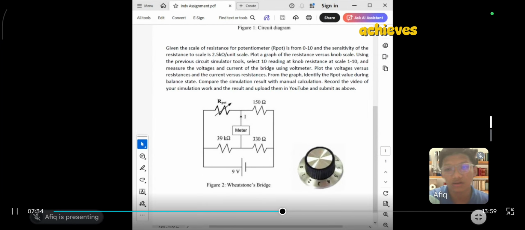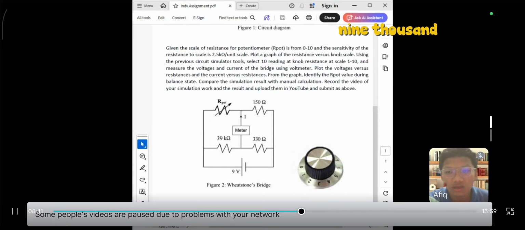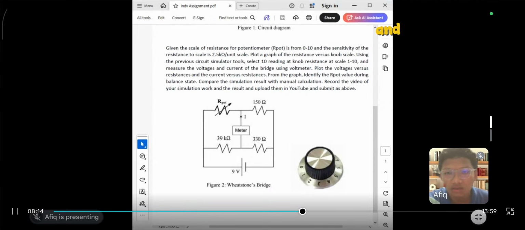First, let's establish our known values given by the assignment sheet. Our DC power supply is set to 9 volt, and the fixed resistors on the bridge branches are R2 equals 150 ohm, R3 is 39 kilo ohm, which is 39,000 ohm, and R4 is equal to 330 ohm.